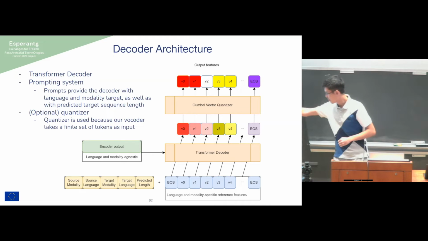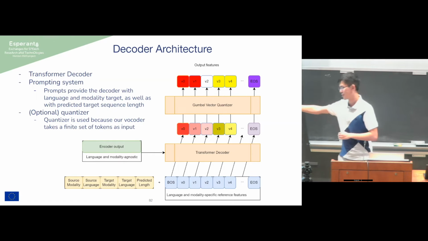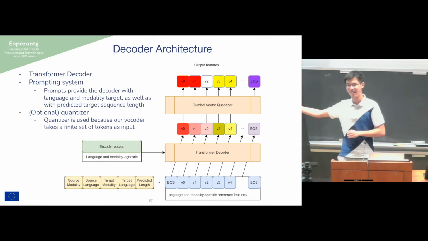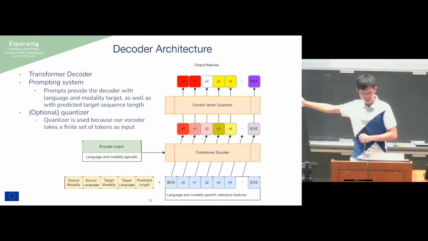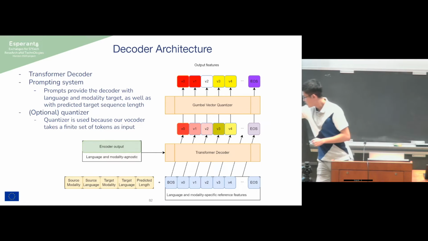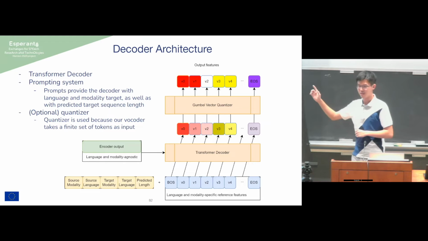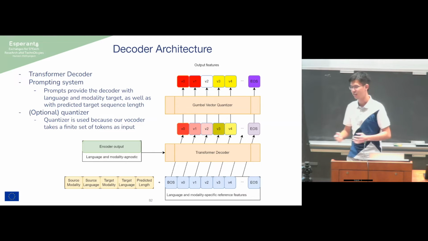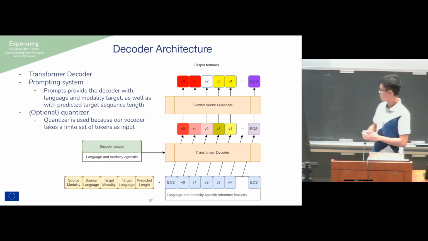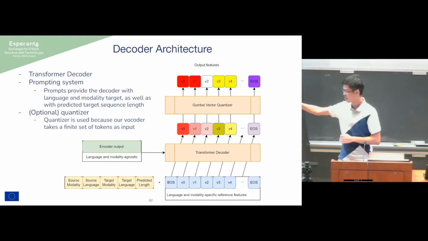The target embeddings, so for example XLM-R or XLSR in some of our experiments, are the targets. Prompts are appended to the target, which are essential for letting our decoder know where to map our input into. The prompts include the target language and modality for obvious reasons.